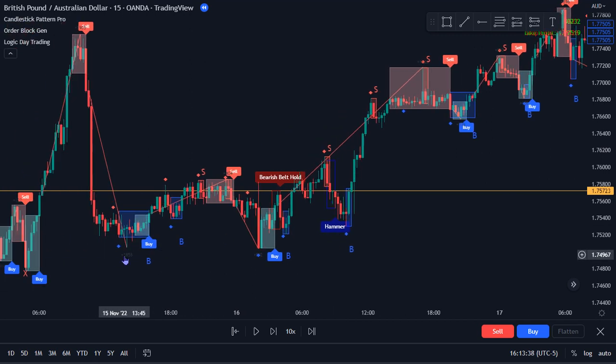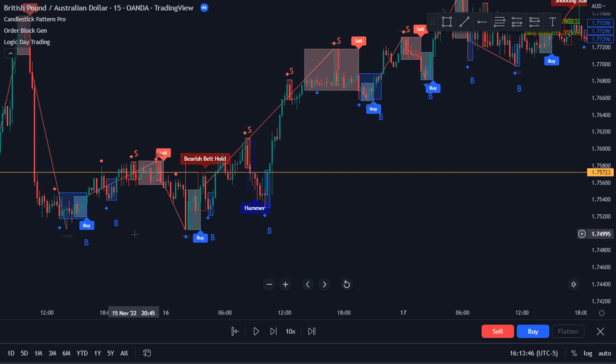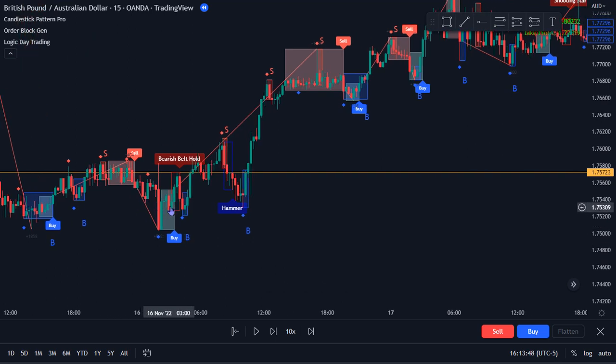And if you didn't get in here, you could have gotten in on the retest of this zone here, stop below here. And then again, you've got the order block, not inside of here, but it's close enough that it's overlapping zones. A retracement here, along with the bullish hammer right here, as it is touching the order block.